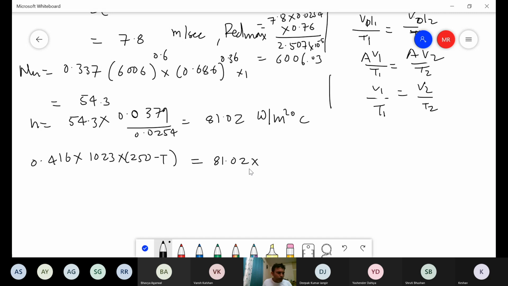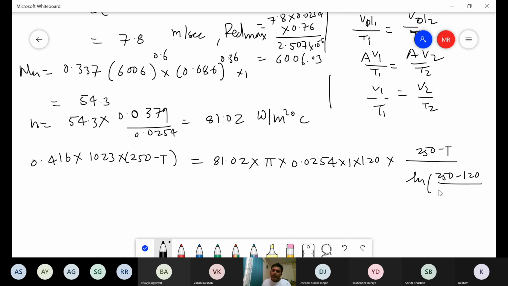So 81.02 into area, which is pi d L, pi into 0.0254 into 1 into 120, multiplied by 250 minus T divided by ln of (250 minus 120) divided by (T minus 120). Okay, so rearrange the equation and find out. This is going to get cancelled out again. This will get cancelled out. So find out what you are going to get.